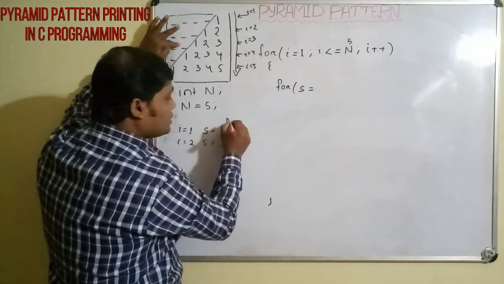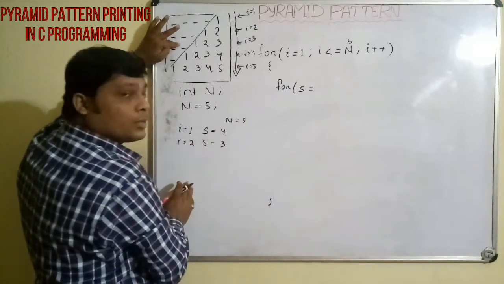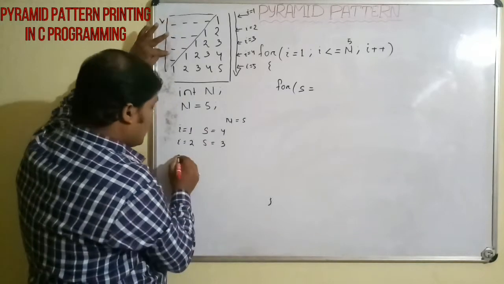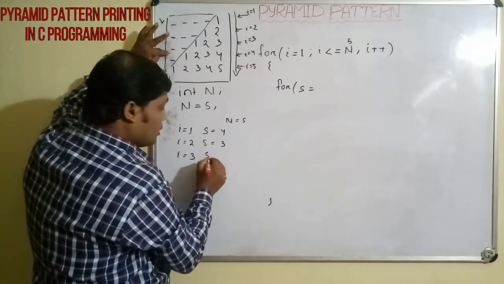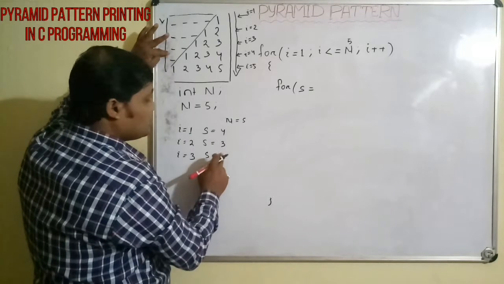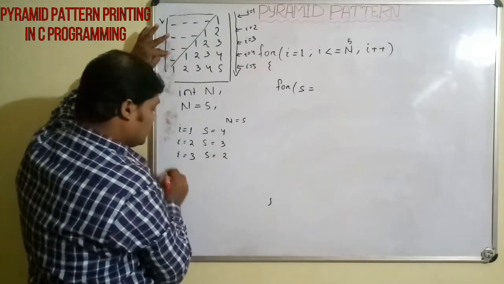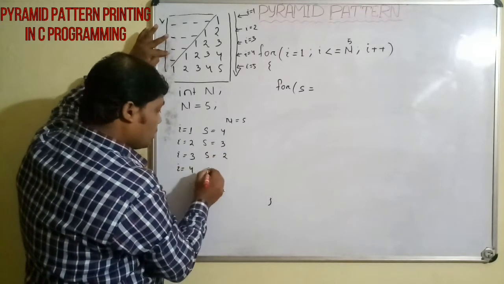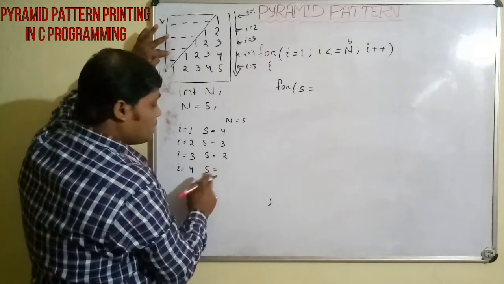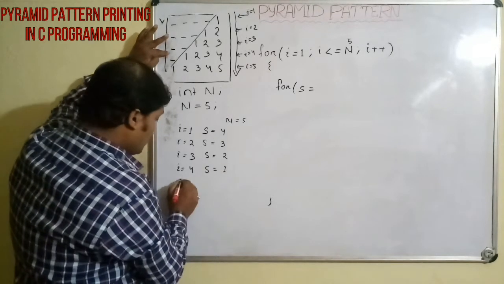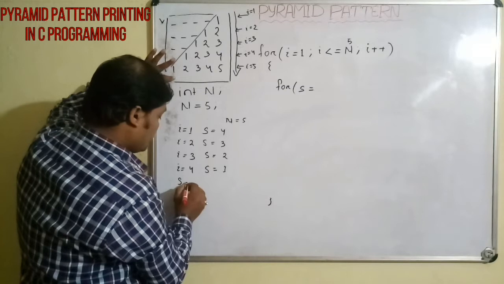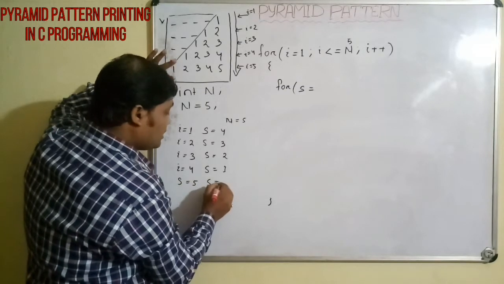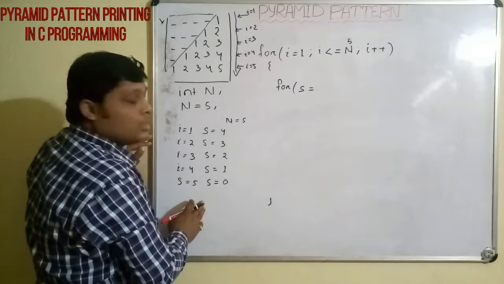Total number of lines is N, that is 5. You just see, when I equal to 3, total number of spaces is 2. When I equal to 4, total number of spaces is 1. When I equal to 5, number of spaces is 0.